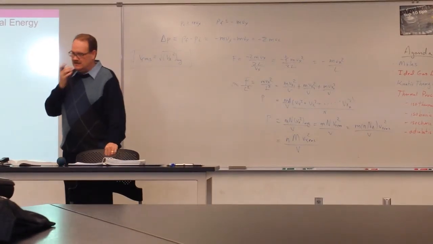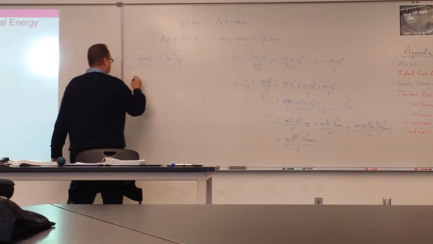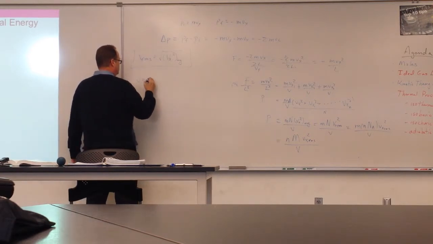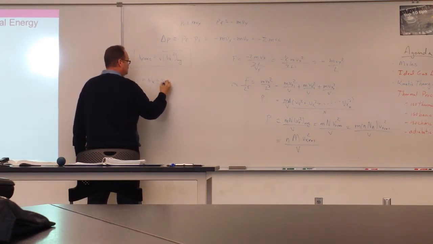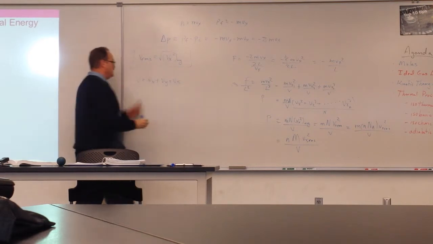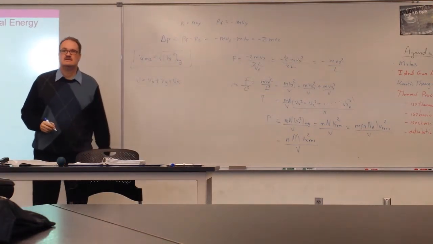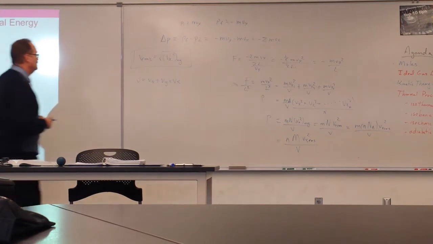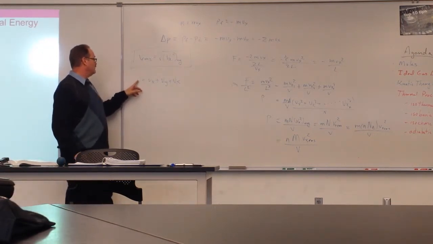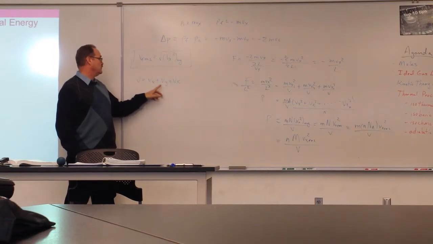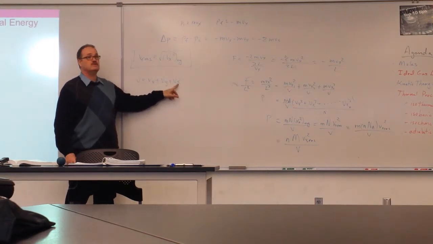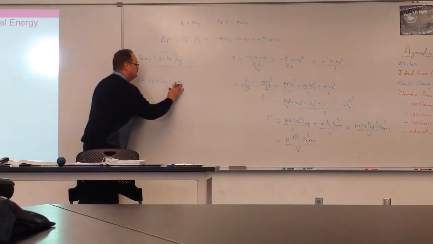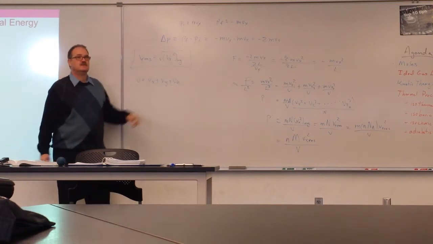Okay, so one last step then. All I need to say then is if I take a look at V, the velocity of a gas molecule, well, it's made of three components, right? Vx, Vy, Vz. So I say on average, 1/3 of this total velocity is in the x component, 1/3 is in the y component, 1/3 is in the z component.